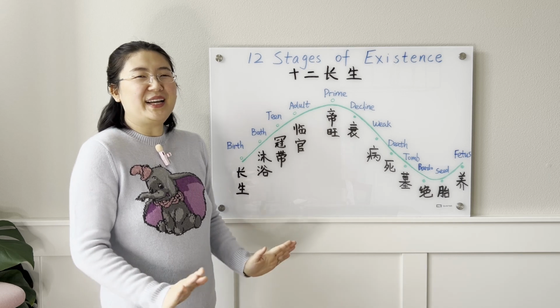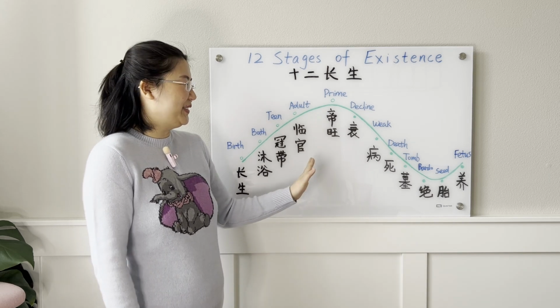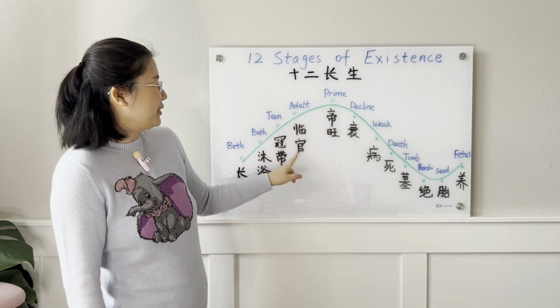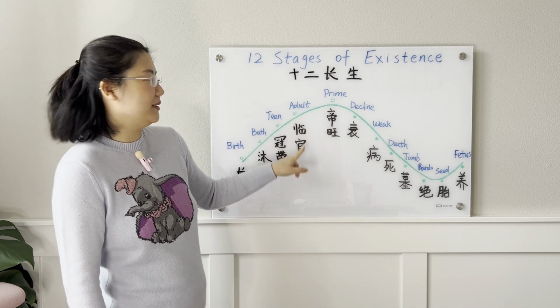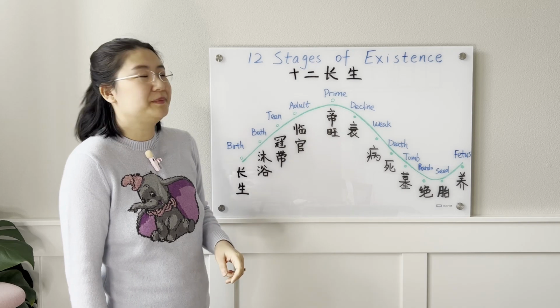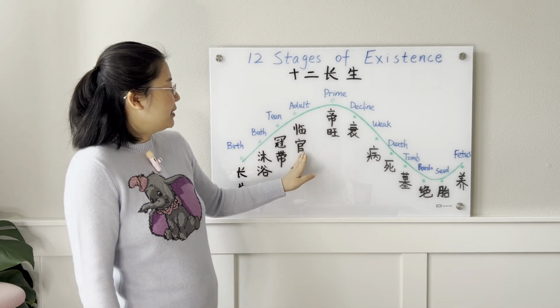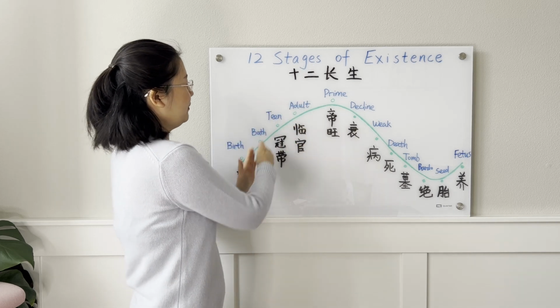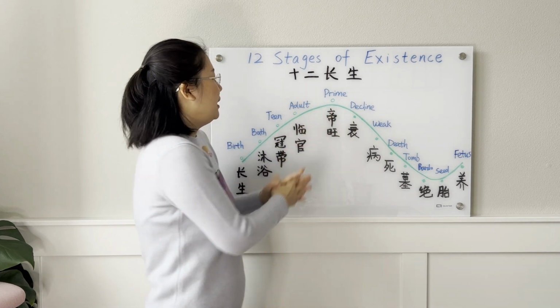So if you apply that thinking to come up with the answer, the correct answer is actually this one, 临冠, at the beginning of adulthood. Because this is more in the balanced position of this young growing stage.